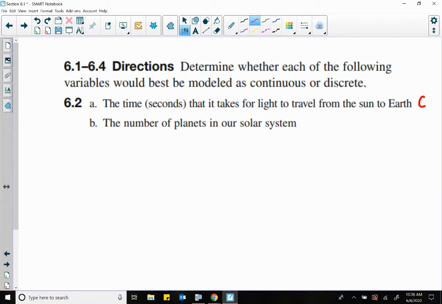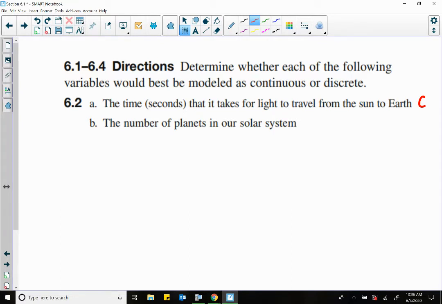Some of it will get here really quick, like in 1 second. Some of it might take just a little bit longer, like 1.0555555. You see how that's kind of a continuous range.